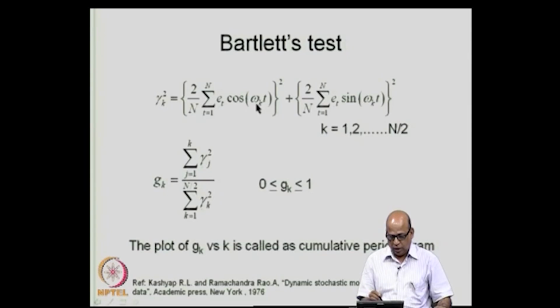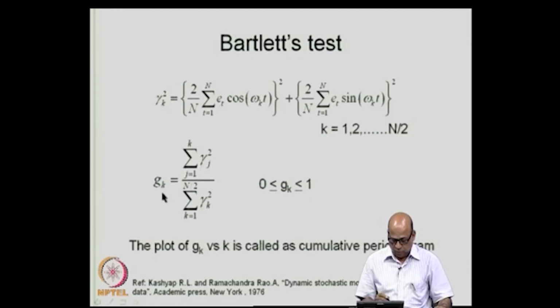Corresponding to each of the k, you know omega k from your spectral density, you would have computed this, and E t is that particular value of the residual series, and you are summing over t is equal to 1 to n, and therefore, all the terms are known here. So, for k is equal to 1 you get gamma k, k is equal to 2 you get gamma k, and so on. So, like this for k is equal to n by 2 you have gamma k square.